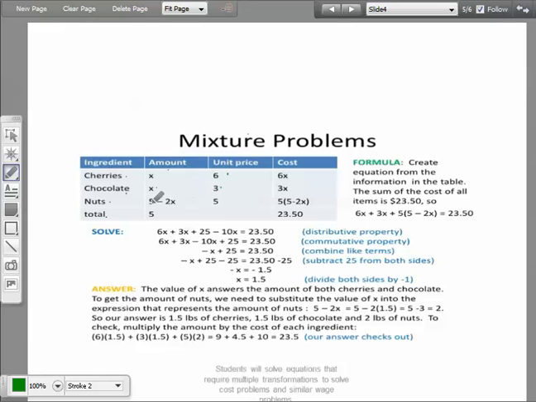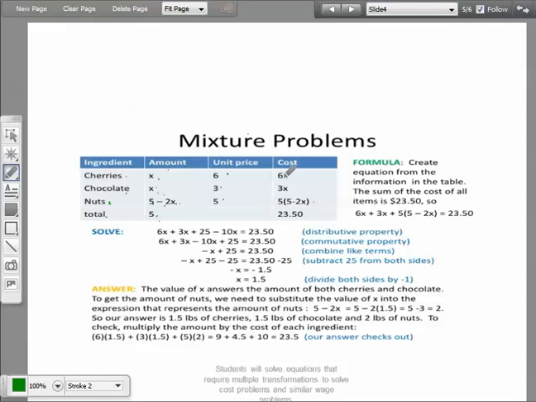Okay? And the nuts, well, we don't know how many nuts we're going to use. That's the whole question. But we want the whole thing to be 5 pounds or 5 units. So what we're going to do is we're going to take 5 minus this 2x to wind up with how many nuts we're going to use. And the nuts cost $5, so 5 times that. And we want the whole thing to be $23.50.